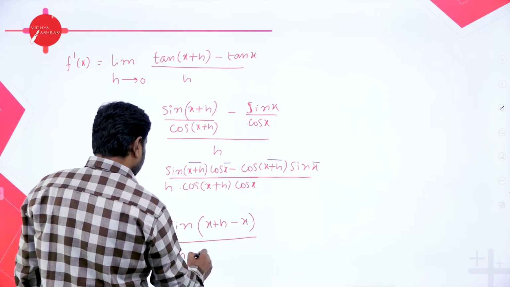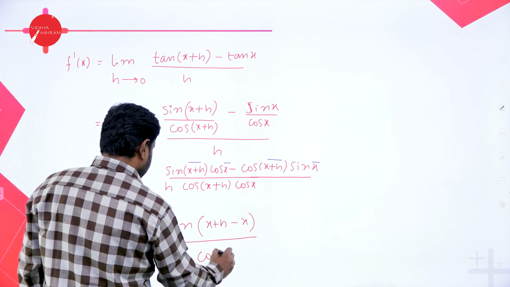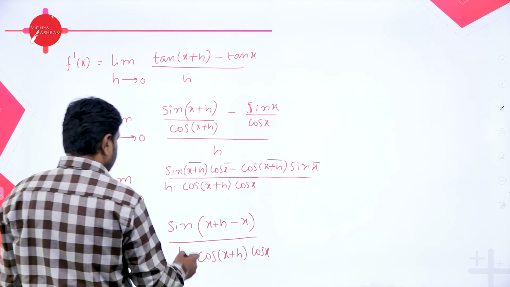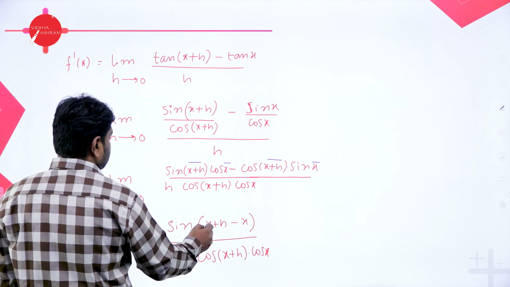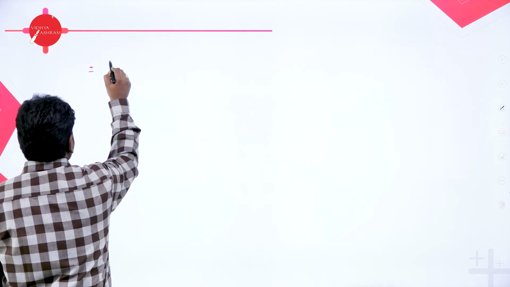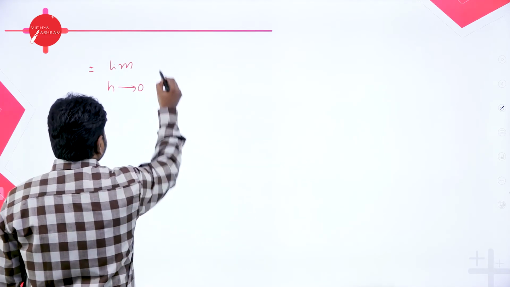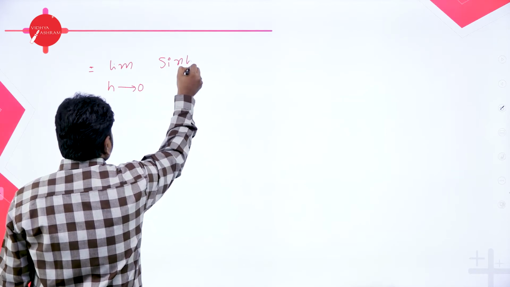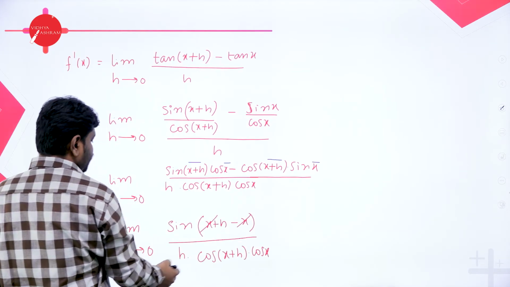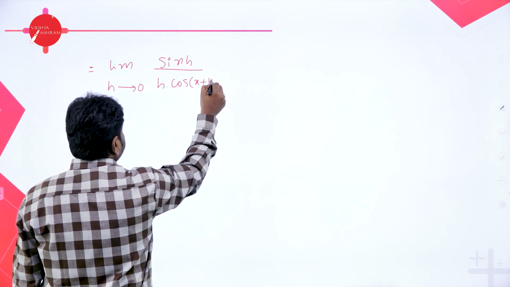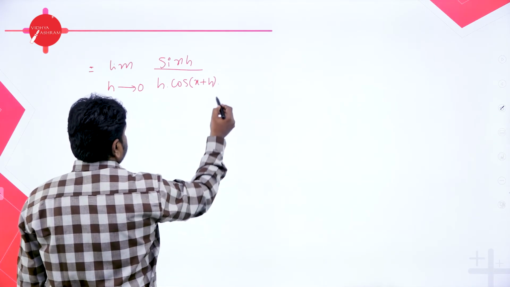The remaining part is h into cos of x plus h into cos x. So now I can cancel plus x and minus x. So what is left out? I am left with limit h tends to 0, numerator is sin h, divided by denominator h into cos of x plus h into cos x.